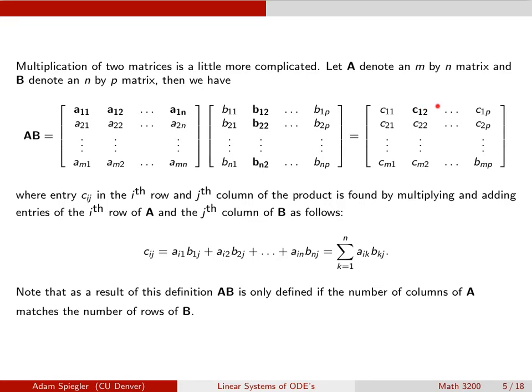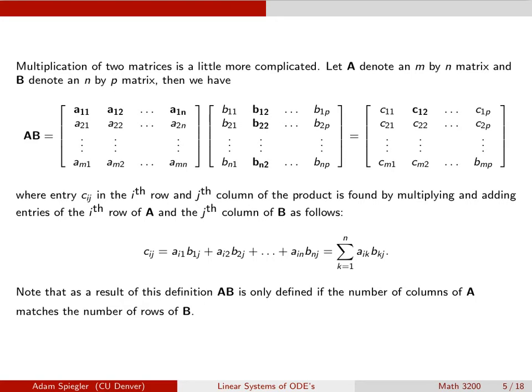So what's shaded over here, if you wanted to calculate what is the entry in the first row, second column, when I calculate the product, I would need to take the first row of A's and the second column of B's, and then say what's A11 times B12 plus A12 times B22 plus A13 times B32, and so on, all the way up. And so that's how we can multiply two matrices.